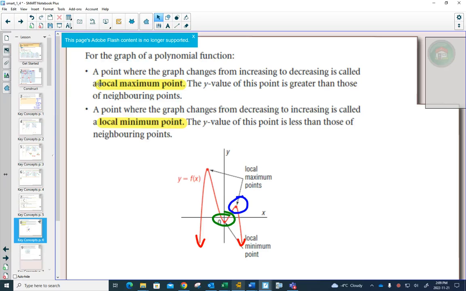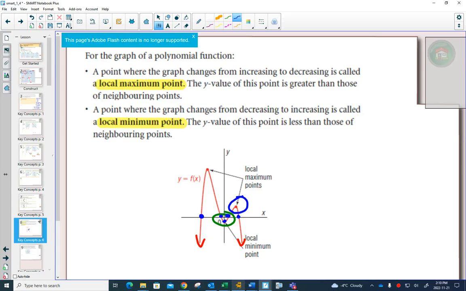But what we're going to be able to find in this unit is the end behavior. We know how to factor. That's what we did in 1.1 and 1.2. So if we factor, we can find all the x-intercepts. It's not hard to find a y-intercept because you can just plug in x equals 0.